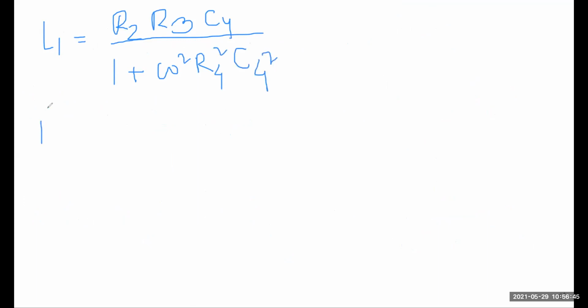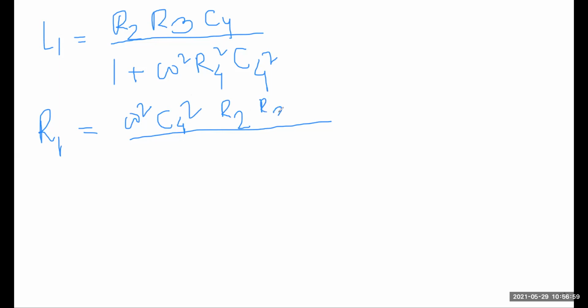And R1 you can get omega square C4 square R2 R3 R4 divided by 1 plus omega square R4 square C4 square. Okay, so this thing you will get. So L1 and R1 you got, right?